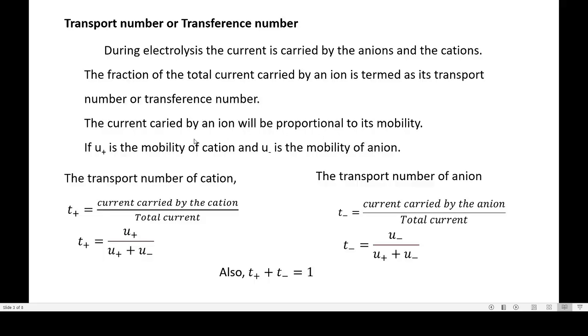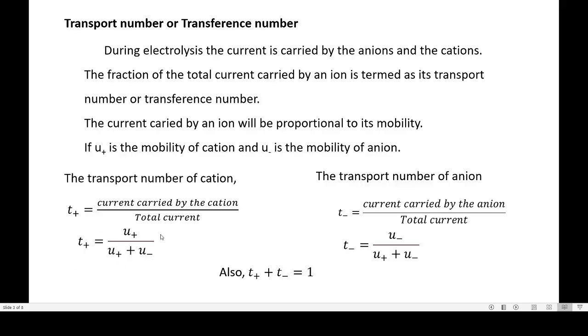by the ion. If U plus is the mobility of cation and U minus is the mobility of anion, then the transport number of cation, that is the fraction of current carried by cation to the total current, will be equal to, so current carried by an ion is proportional to its mobility, U plus upon the total current, which is proportional to the sum of mobilities of the ions, U plus U minus.